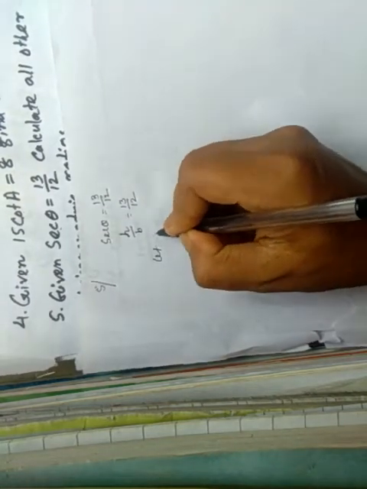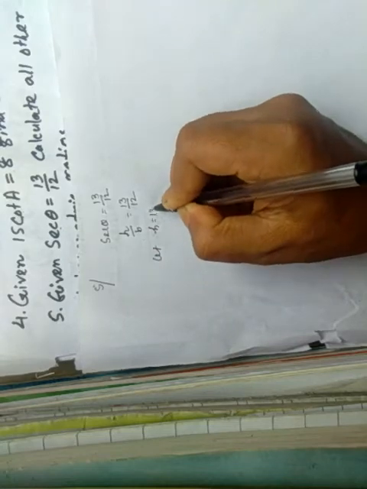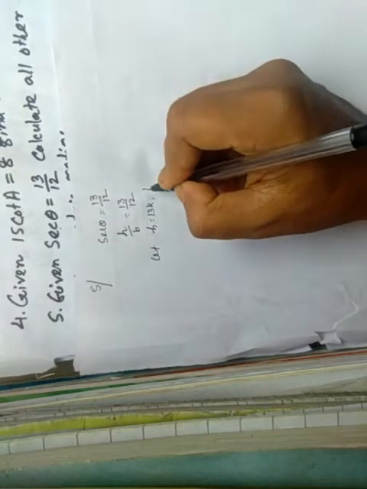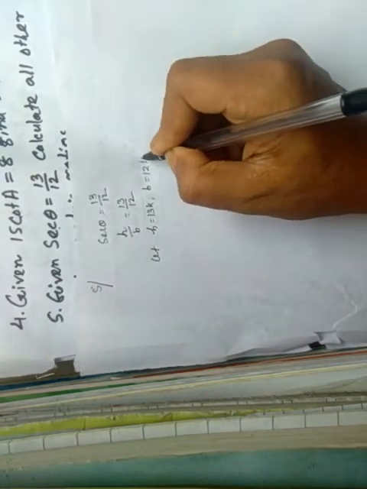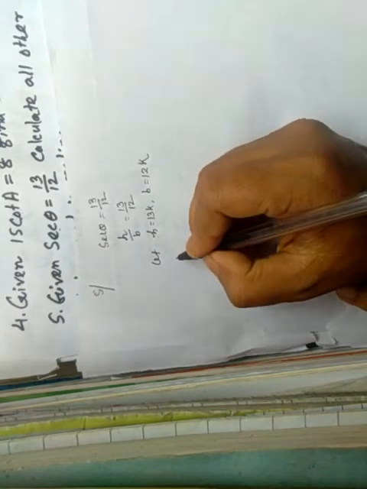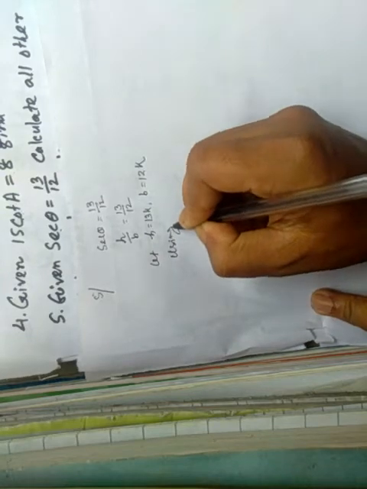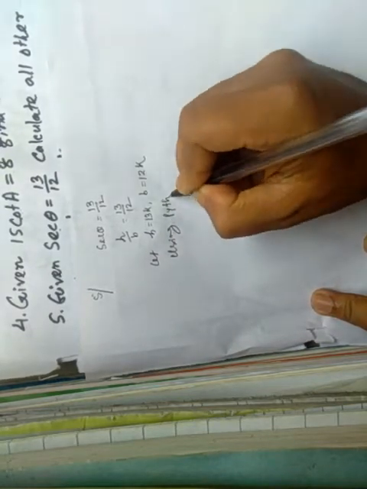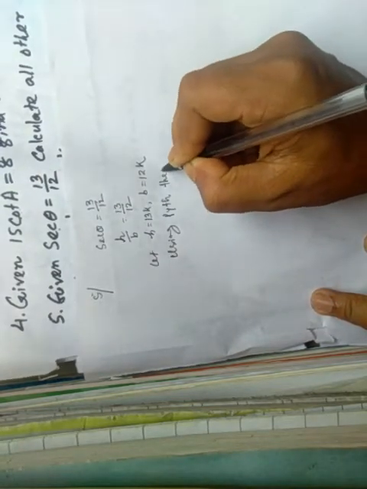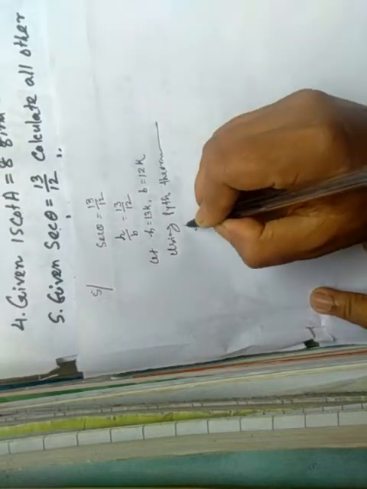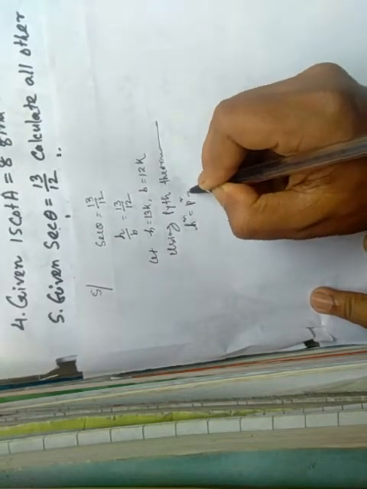Now let h equal 13k, b equal 12k, not 13 and 12, it must be 13k and 12k. Now using the Pythagorean theorem, we get h square equals p square plus b square.